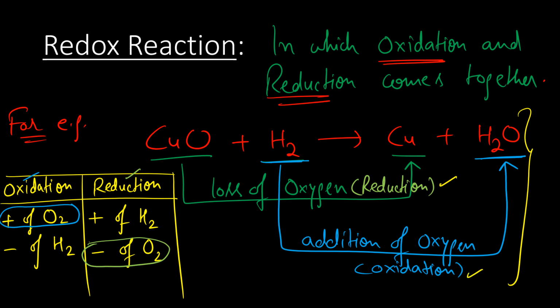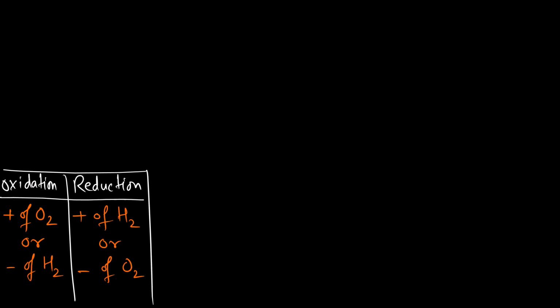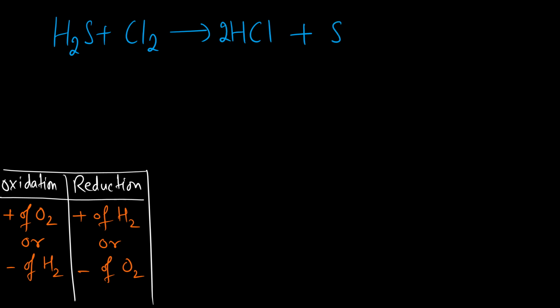Now let's discuss a few more examples. Here we have hydrogen sulfide. When I pass chlorine through the hydrogen sulfide, I will get hydrogen chloride and sulfur. Now in this reaction we can see the change from hydrogen sulfide to sulfur.